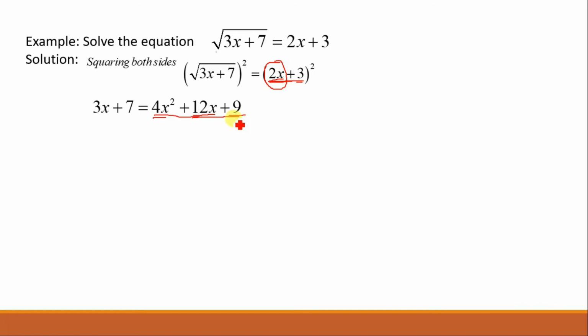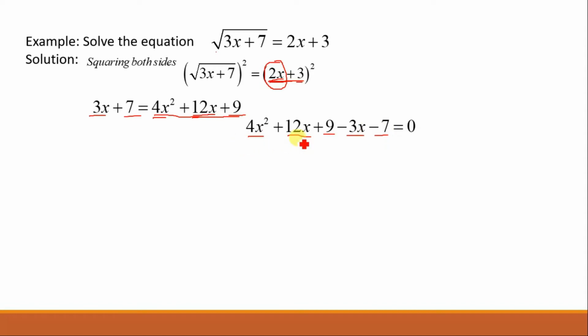Now we have to convert this quadratic equation into standard form. For that purpose, we have to put all the terms on one side. So taking 3x plus 7 to the other side, we have 4x square plus 12x plus 9, minus 3x and minus 7.